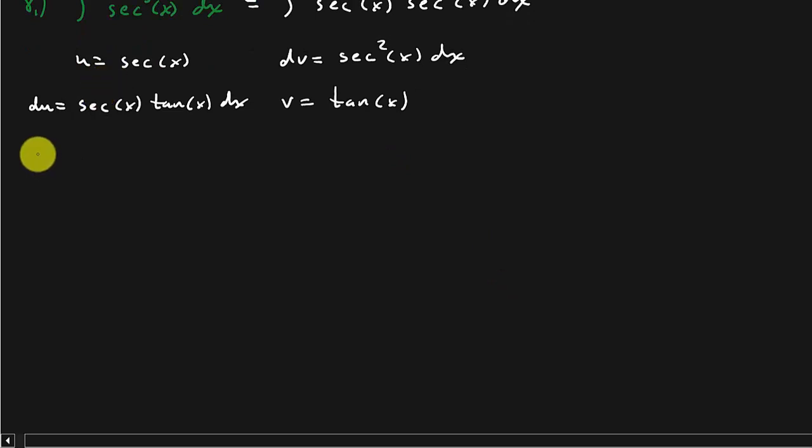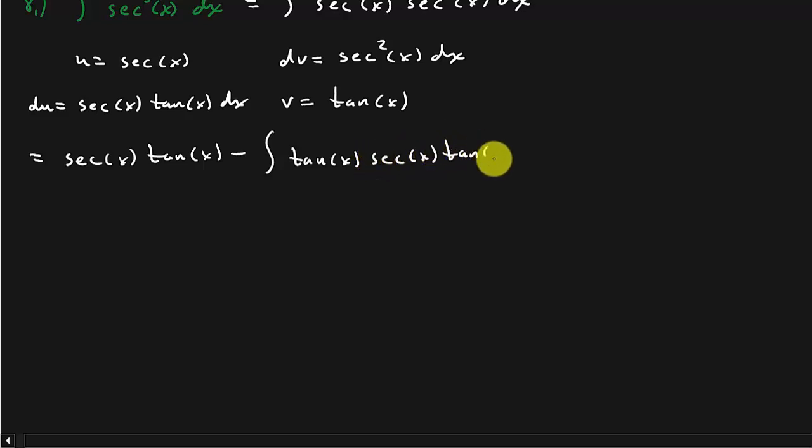And so that's going to give us what? U times v minus the integral of what? Tangent x times secant x tangent x dx.